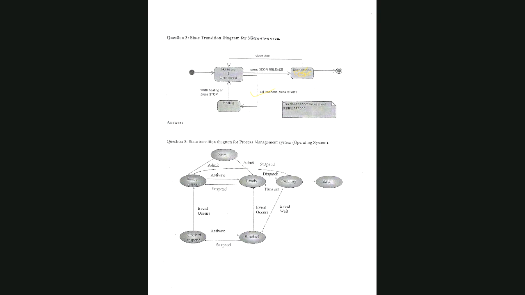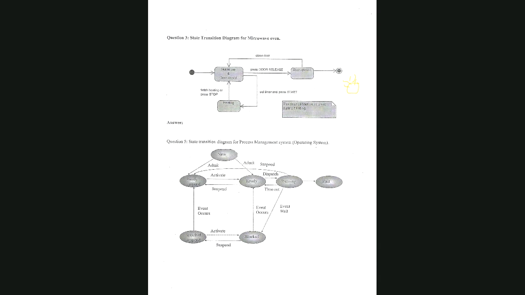It will stop automatically. Now again you have to press door release. Now the door will open. Now you take out this hot pizza outside. Some flame is coming. This is hot pizza, right? Then you close the door. Now your pizza is ready to eat.